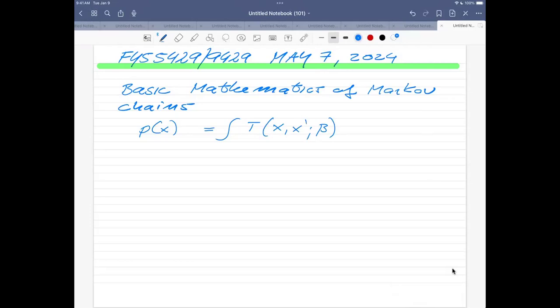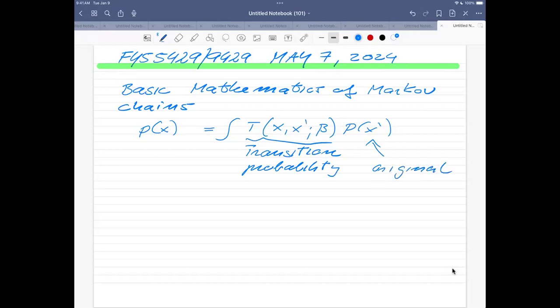And then we have an original probability P of X prime. So what this is saying is that we have a so-called transition probability, which is this quantity here. And this is our original probability.